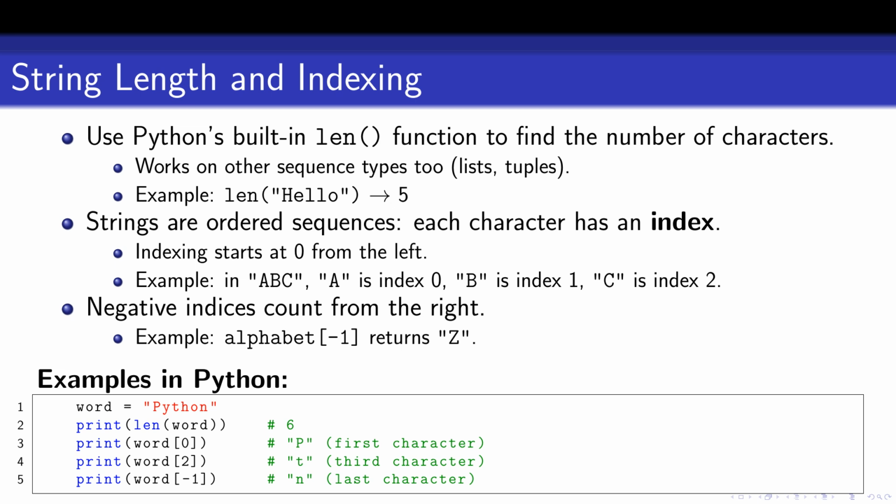Negative indices work as well, counting from the right side, so -1 would refer to the last character. On the slide, the examples show how len gives the length of the string Python, and indexing allows you to select characters like the first, third, or last one. These features make strings flexible and easy to manipulate when working with text.